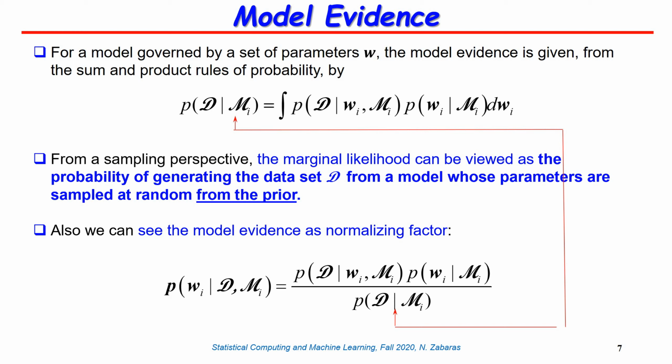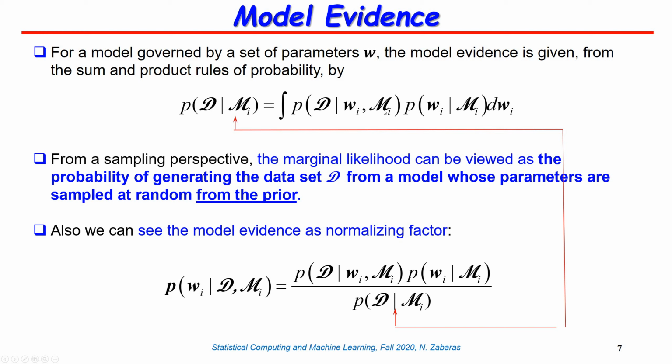Now, one way that I want you to look at and interpret this marginal likelihood is the following. You sample some parameters Wi from the prior of the model that corresponds to your model MI, and then you look at the probability of generating data D for these parameters with your likelihood model for model MI.